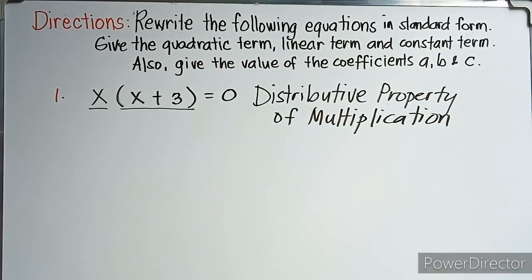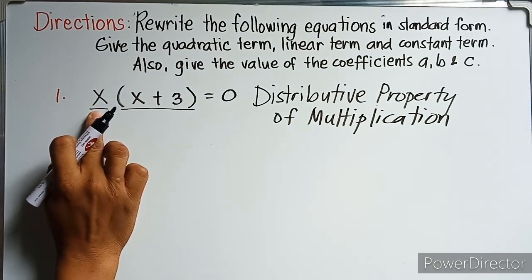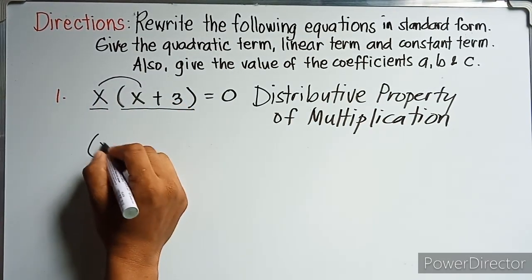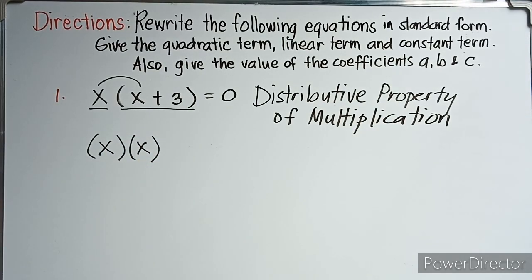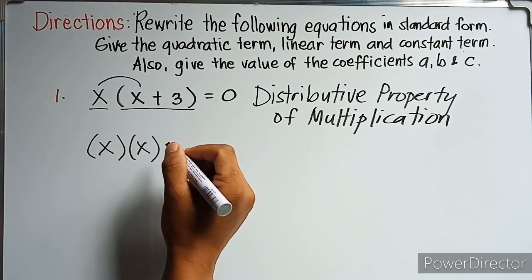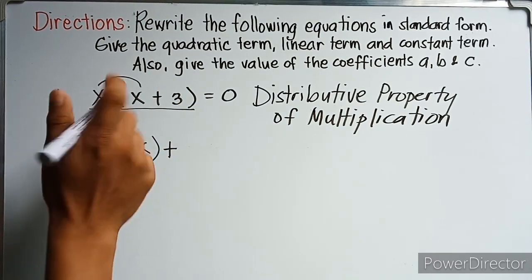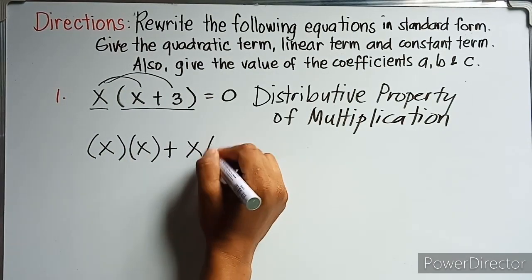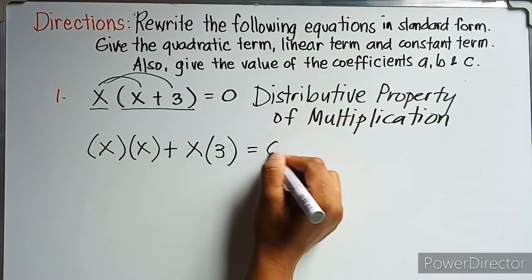So, paano yun ginagawa? So, we have here, mumultiply natin ang x sa x. So, we have x times x. Then, ano ang ating sign? Positive. Plus. Okay. Then, x, doon naman sa 3. So, x times 3, then equal to 0.